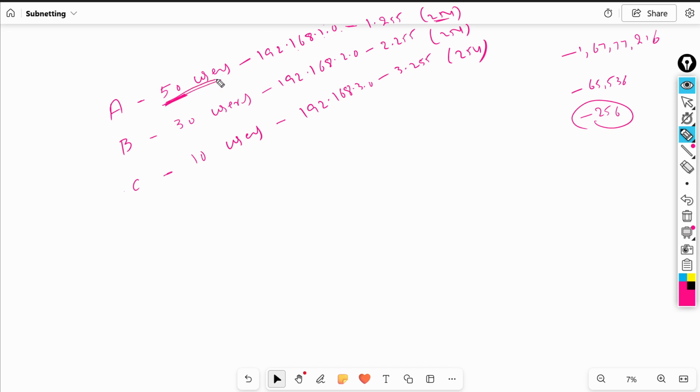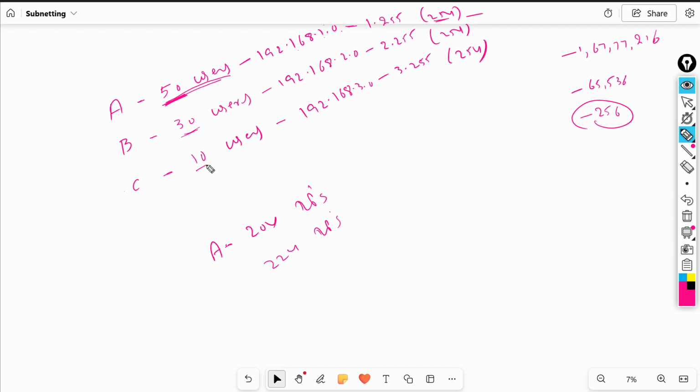We have only 50 computers, but this network provides 254 IPs, so we waste IPs for Department A. For Department B, we have only 30 users, so we require only 30 IPs, but the network provides 254 IPs. 254 minus 30 is 224, so we lose 224 IPs.